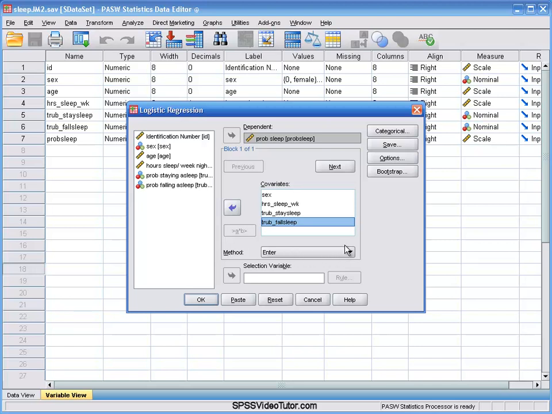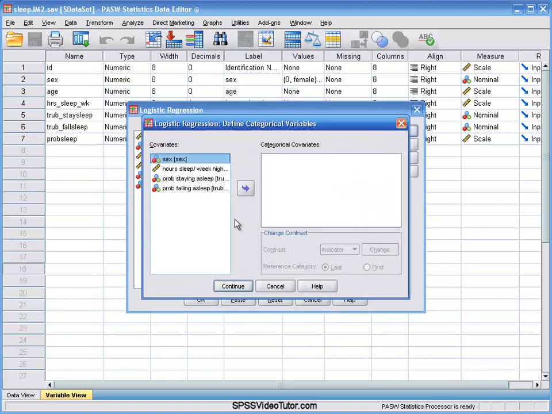And then next, if we have categorical variables as our independent variables, we go to categorical. What we want to do here is move our categorical variables, whether they're dichotomous or multiple categories, into the categorical covariates box. So we're going to move sex, problems staying asleep, and problems falling asleep.